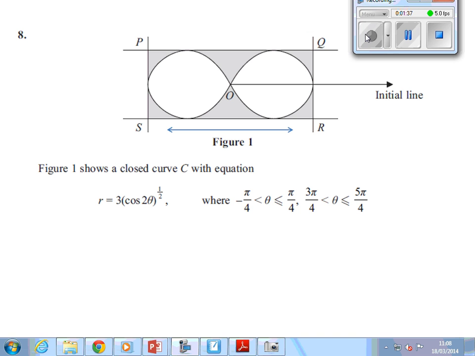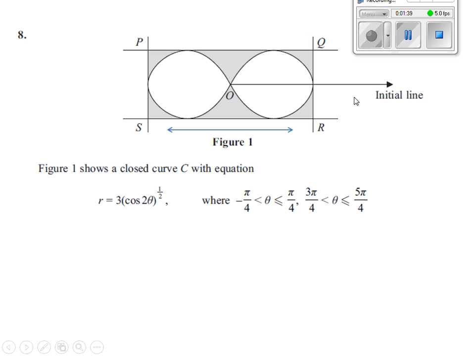Now, the distance QR requires a little bit more thinking. So SR is equal to 6, that's fine. Let's take a bit of time to think about how to work out QR.